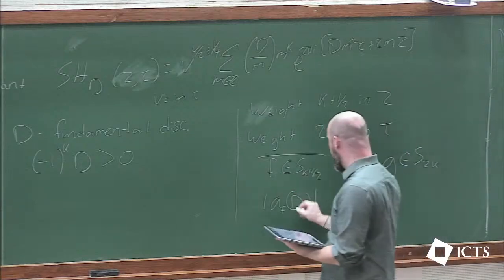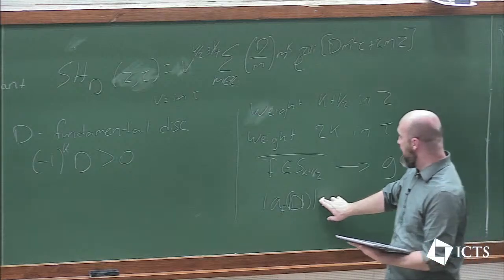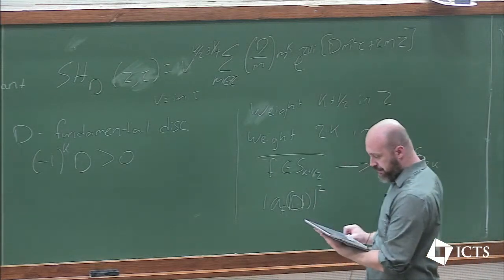Oh, and I guess I need absolute values of D depending on whether I've got positive or negative here. I take the absolute value squared of that.